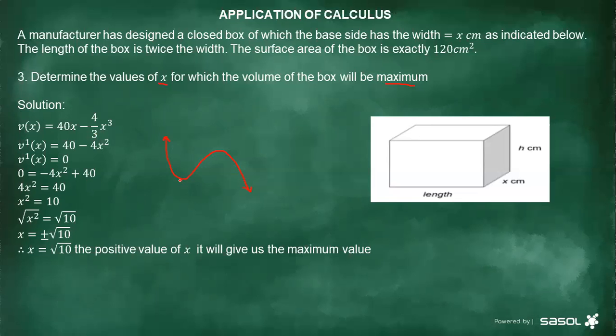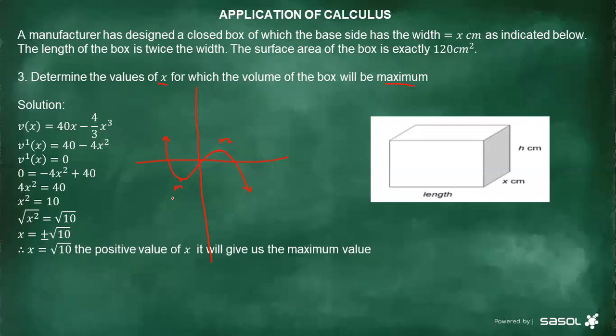And then we all know that at this turning point, the value of x gives us what? Minimum value. And then up there, the value of x of the turning point gives us maximum value, right? Now we have obtained two values of x here. If we draw a Cartesian plane like this, which one comes first? Which one is the minimum?